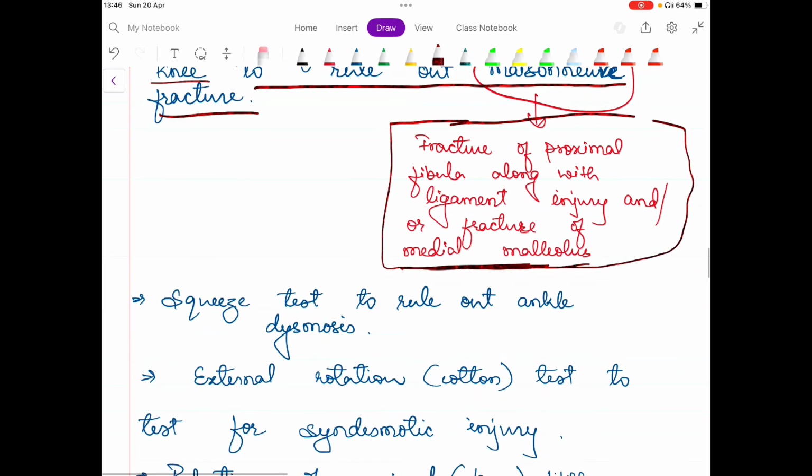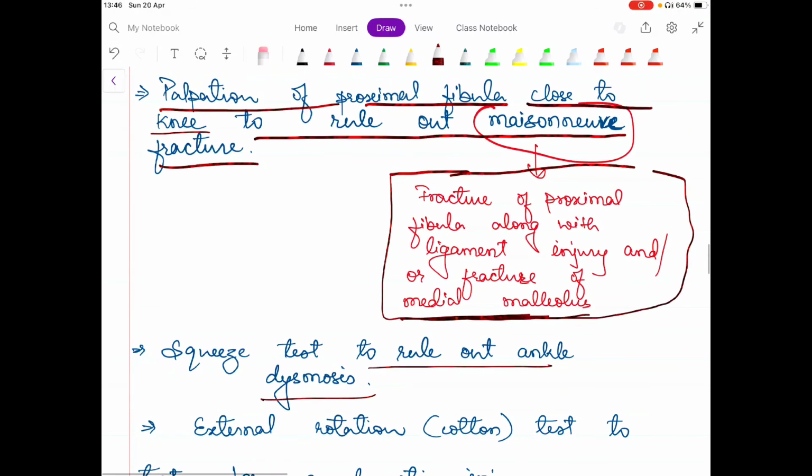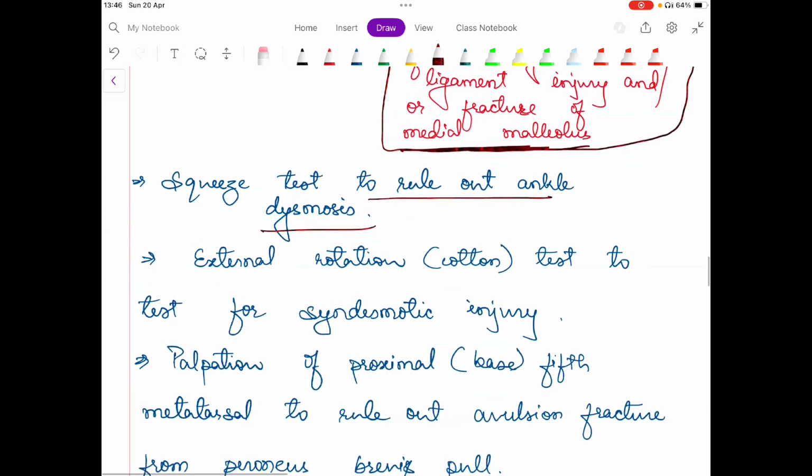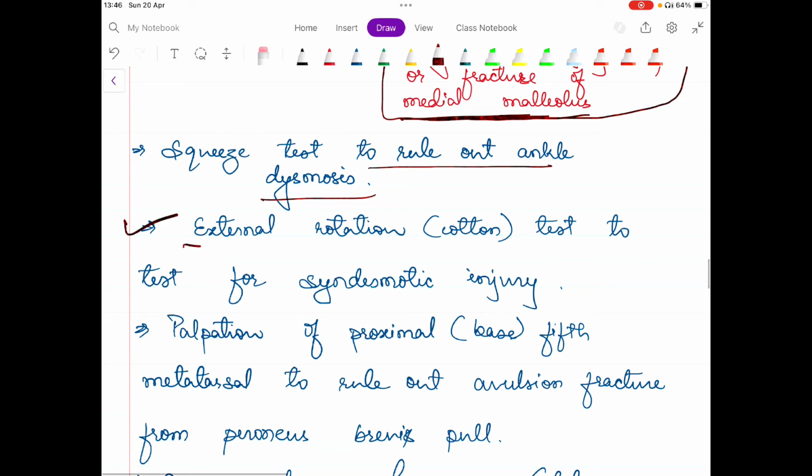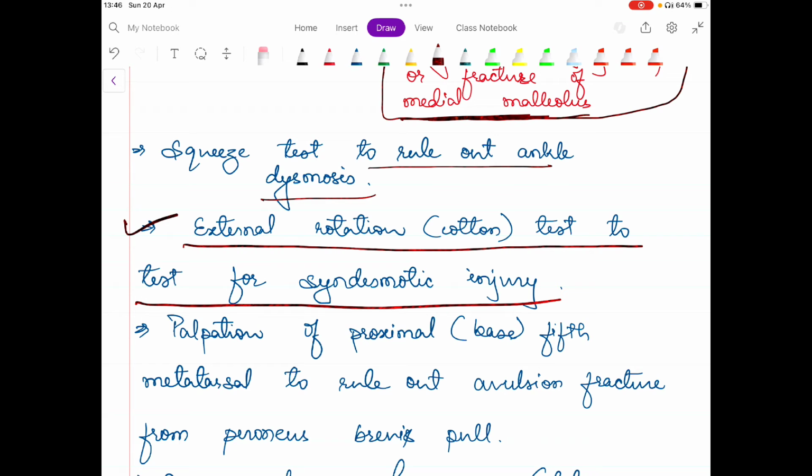Now, the second thing is the squeeze test to rule out ankle syndesmosis injury. In the Maisonneuve fracture, there is also syndesmotic injury, which can occur. The third one is the external rotation or Cotton test to test for syndesmotic injury.